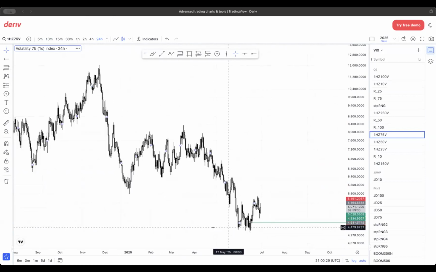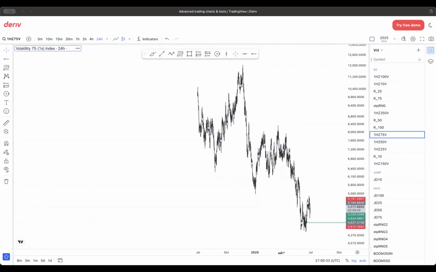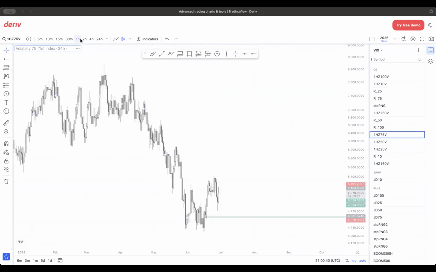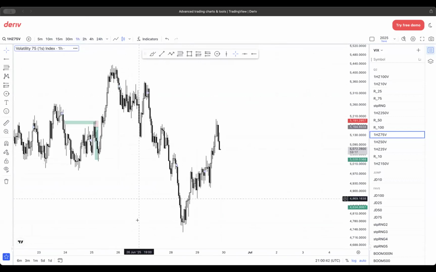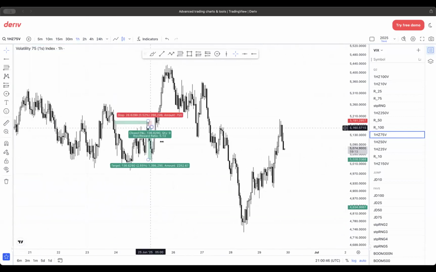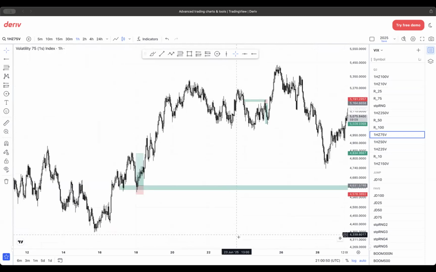It's been selling, been selling. If you look at that, you have a sell market. It's been bearish and bearish and bearish. But let's check. I don't really know where price is coming from for now on V75s. Well, okay, this was the last trade I took. You can see the sell there. I took a sell and got out very quick.